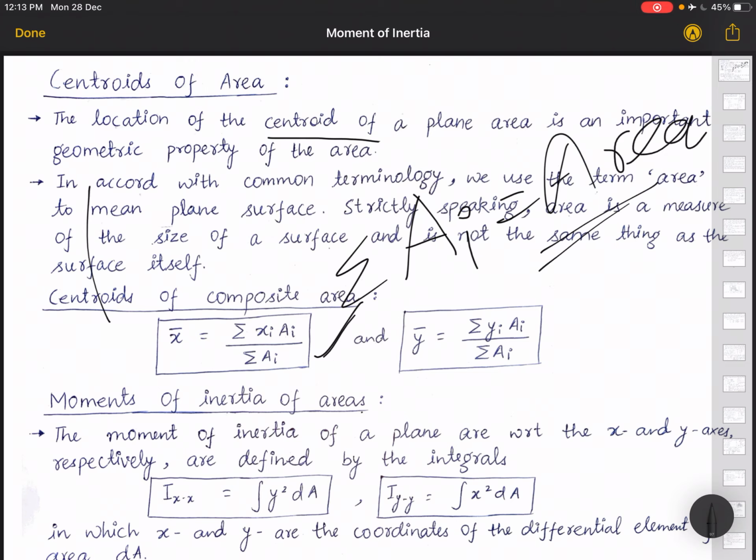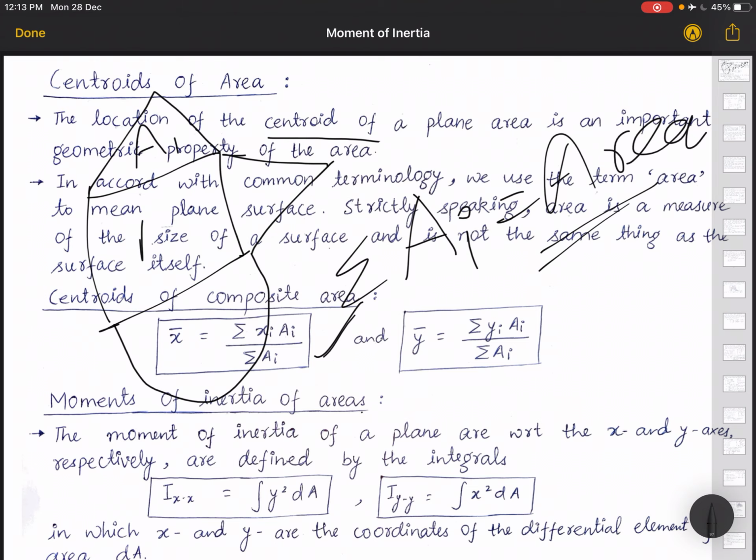Okay, so if we have a figure like this, with one triangle, one semicircle, and so on, what we have to do is calculate area 1, area 2, area 3, area 4 and their respective centroids. For a triangle it is h by 3, for a rectangle it is b by 2, and we multiply it by the area and divide by the total area.